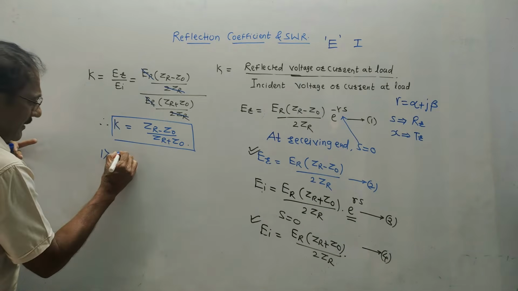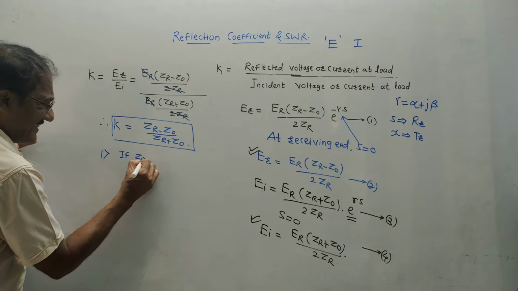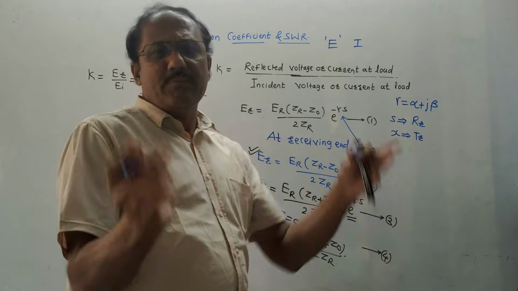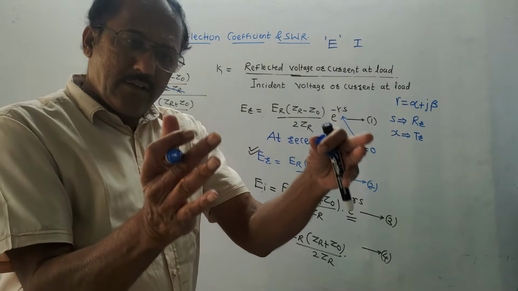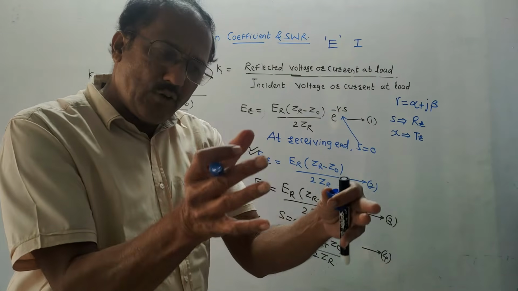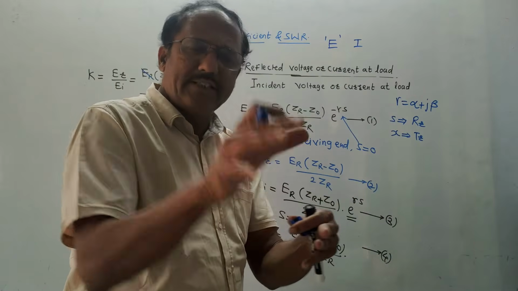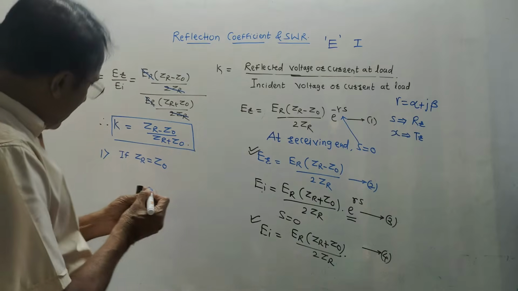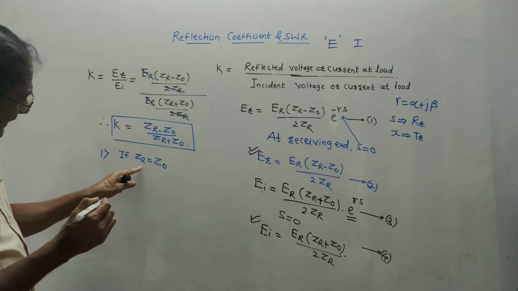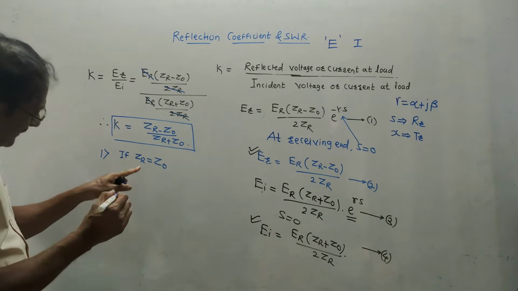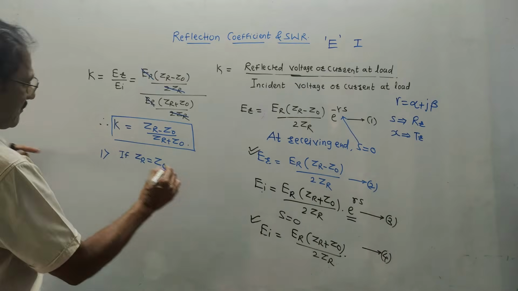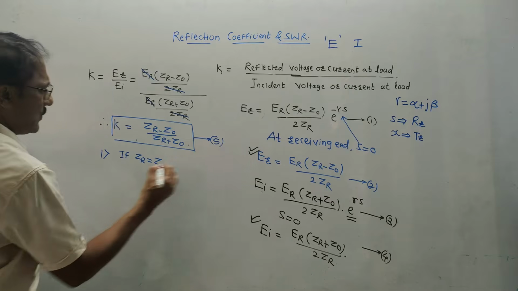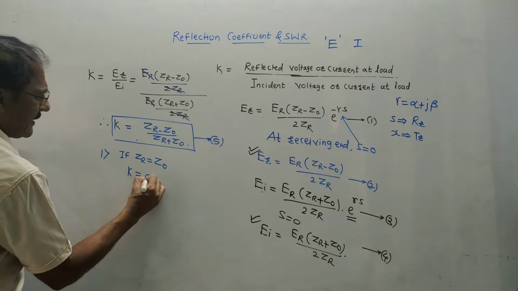First comment: if ZR is equals to Z0. At the beginning itself I mentioned, if Z0 is 100 ohm and you are connecting some other impedance instead of 100, say 50, that is denoted by ZR. But if your value of ZR is exactly equal to Z0, that means 100 ohm, let us say as an example, then from this equation, say equation number 5, I will get K is equals to 0.